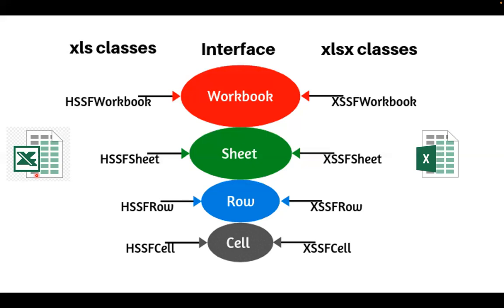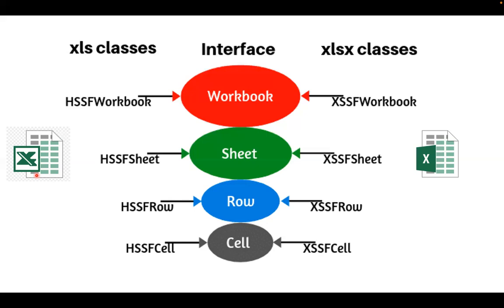Now let's quickly see how to create an Excel sheet and write some data into it. Later, we will see how to read the data from the Excel sheet, or a combination of read and write together. It will be very simple if you are clear with the hierarchy: it starts with workbook, then sheet, row and cell.